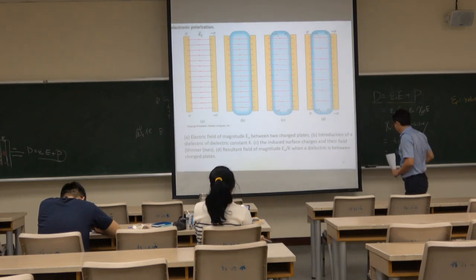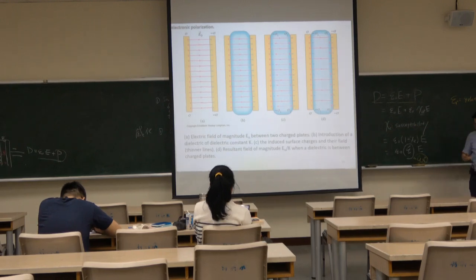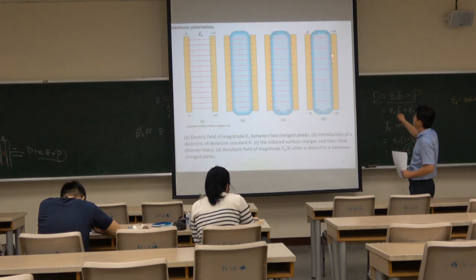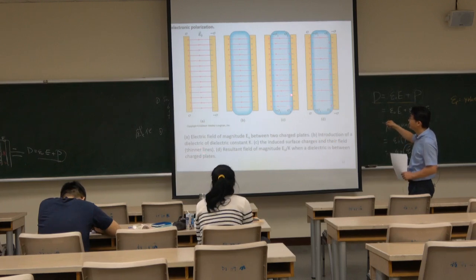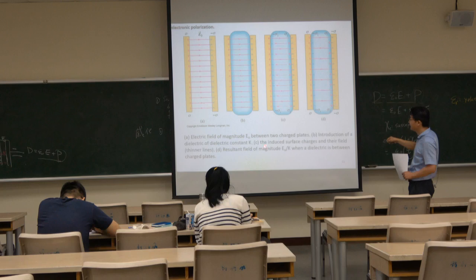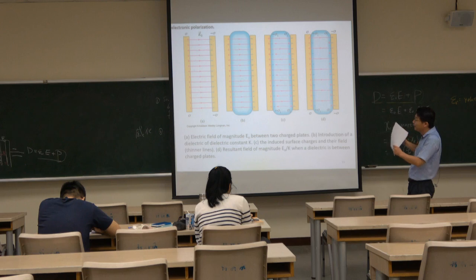Be aware about here. This has a charge, right? Induced charge. So this is the induced surface charge, and its internal electrical field. And D is the remaining magnitude of the electrical field, the resultant, because the external field has been weakened.